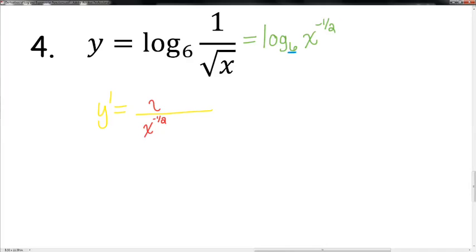So we have negative 1/2 x to the negative 3/2, and so far this is just like ln, and then the last part I'm going to do is multiply by the ln of my base. Well, my base was 6, so I'm going to multiply in the denominator ln of 6, and we are finished.